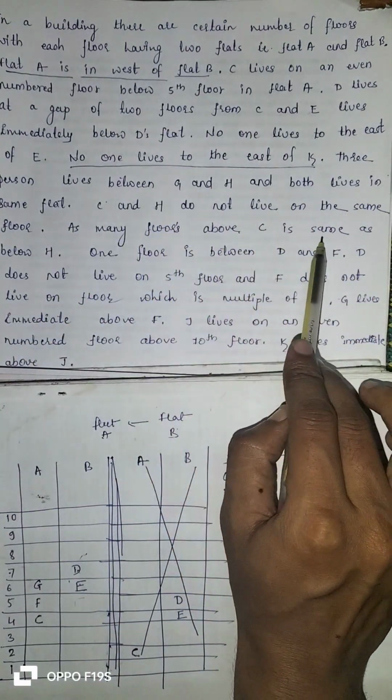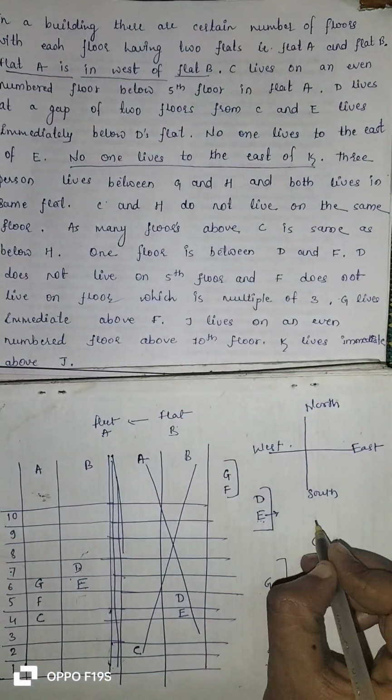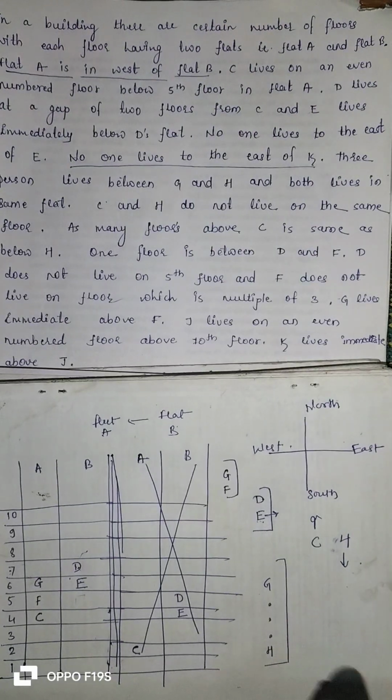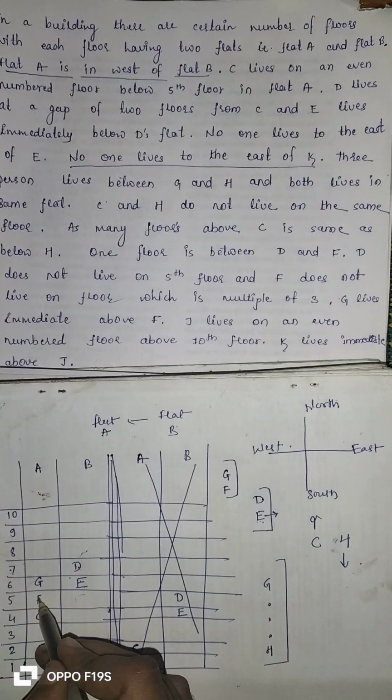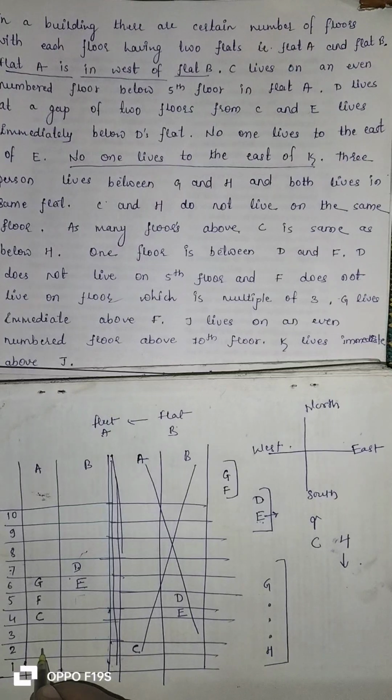As many floors above C is the same as below H, and there is a gap of 3 floors between G and H. See, if I write H below G, then H will come here.